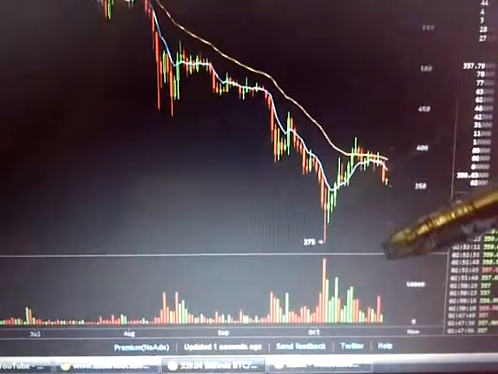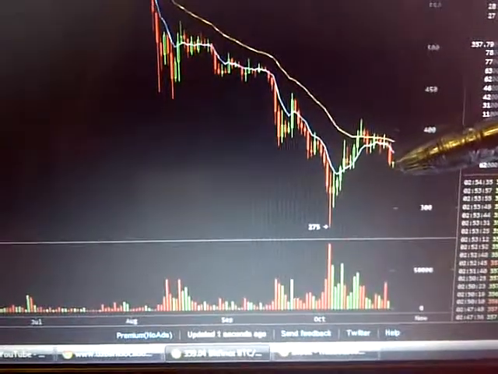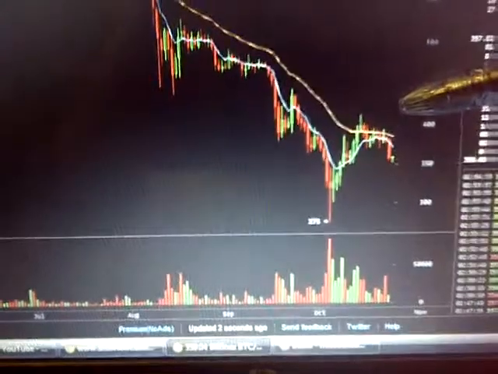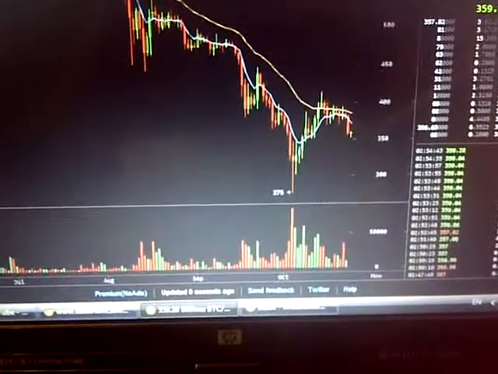The question is, now is it going to rebound from here and be able to break and push through? So that's the other question that you have to look at.